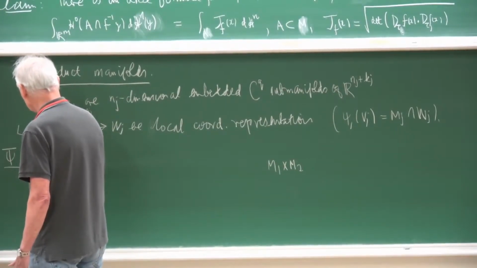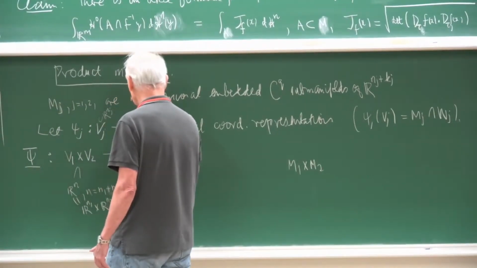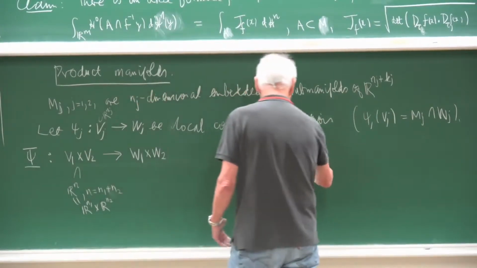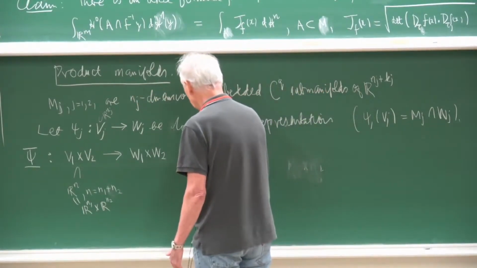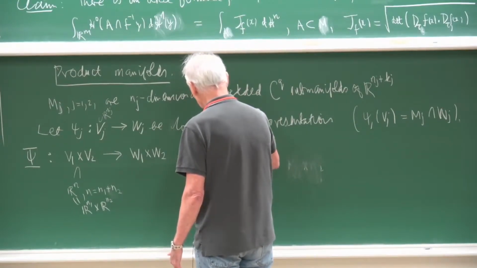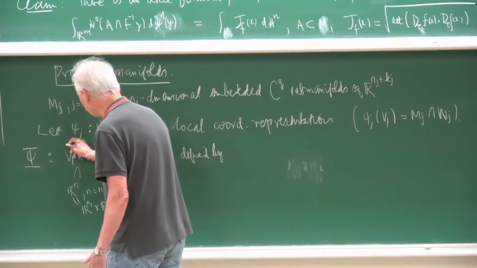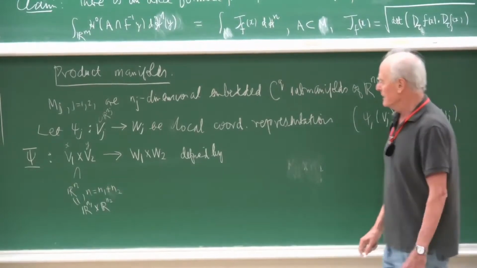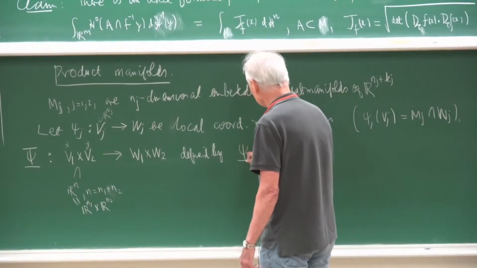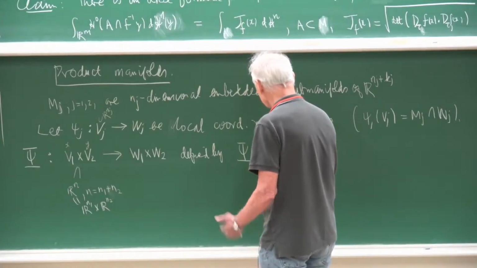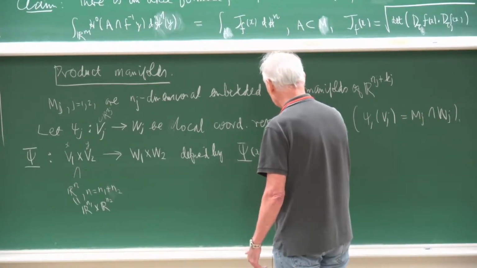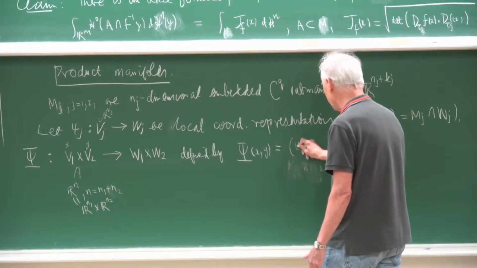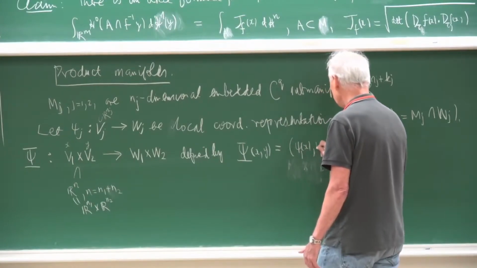So phi is going to be a mapping from this into the Cartesian product of the W's, defined by, let's let the coordinates in this one be x and the coordinates in this one be y. And then take this to be simply defined by taking the ordered pair corresponding to the two given coordinate representations. So this is going to be the ordered pair C1(x), C2(y).